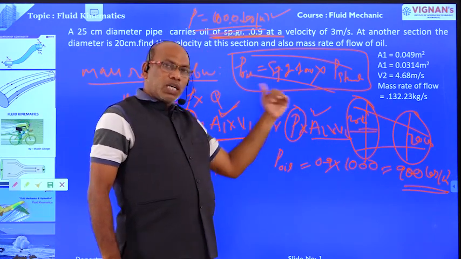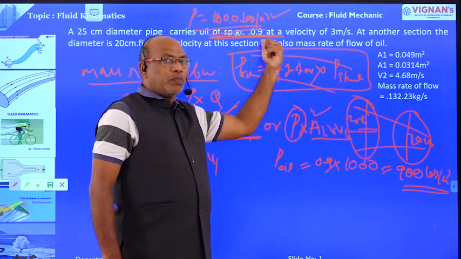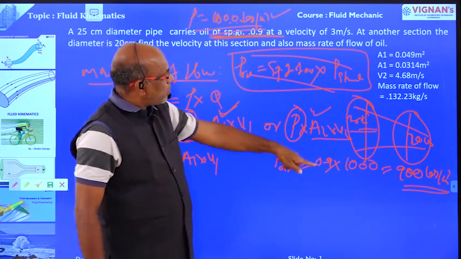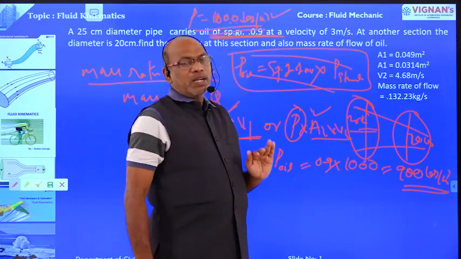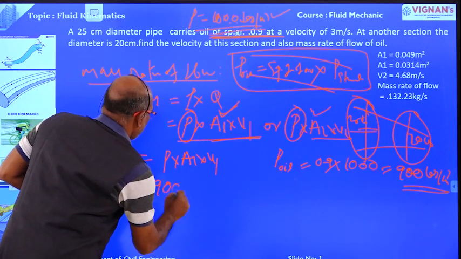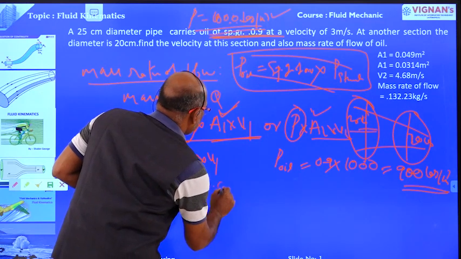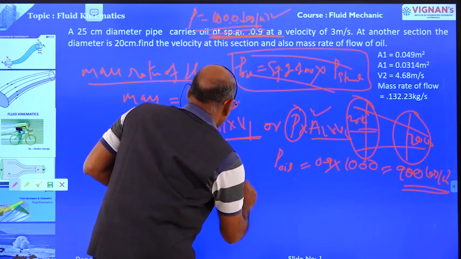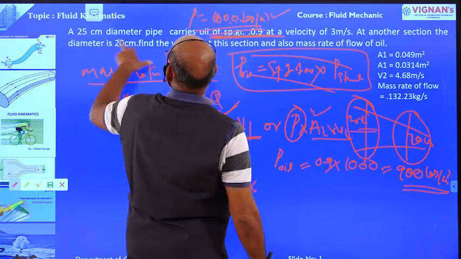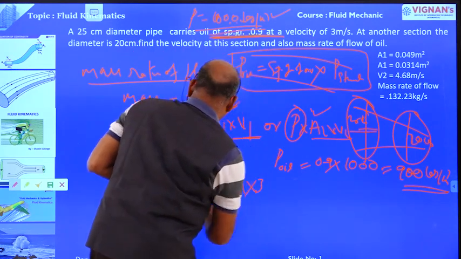Are you clear? If water is flowing through the pipe, the density of the water is 1000 kg per cubic meter. There is no problem, we have the direct value. But the density of the oil is determined by using this formula, 900 kg per cubic meter. Right? Density is very clear. A1 already we have determined, that is 0.049, into velocity at section 1, at the 25 centimeter dia, given as 3 meters per second.